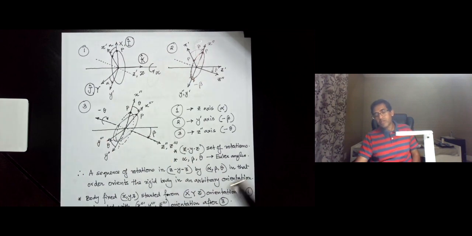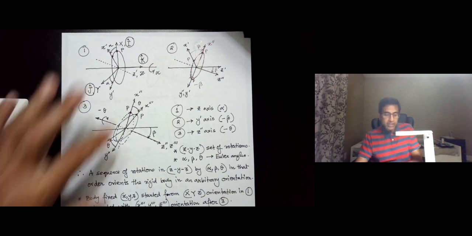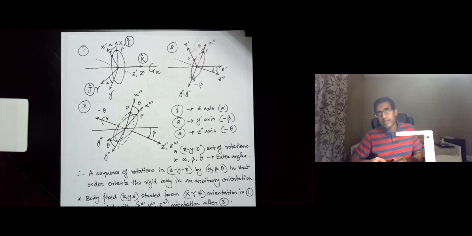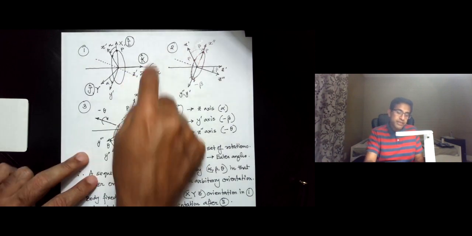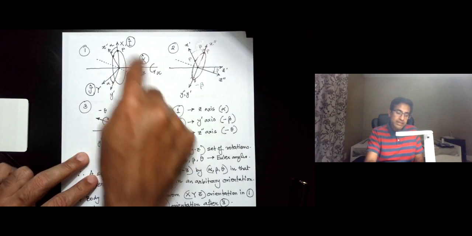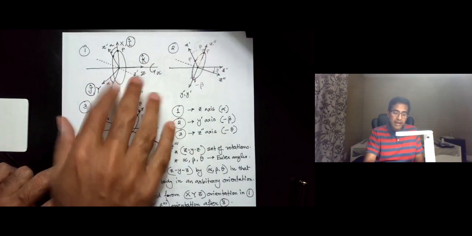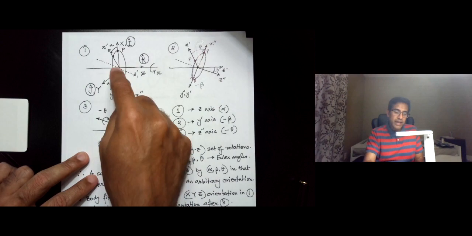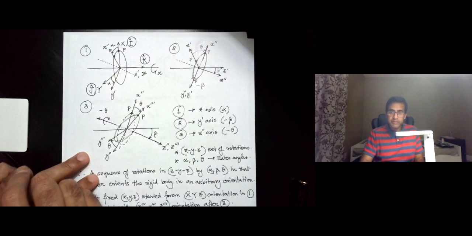Okay, so now associated with each of these rotations, we can come up with a matrix that shows how a vector that is represented in the initial capital X, capital Y, capital Z, which is aligned with the inertial XYZ frame, can be represented in X prime, Y prime, Z prime.